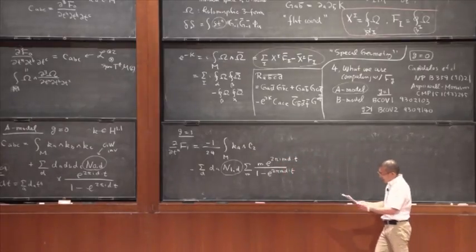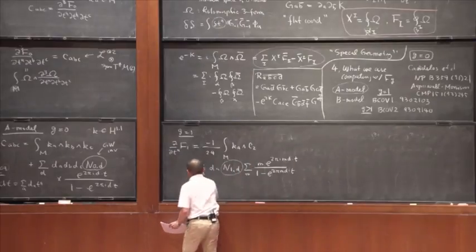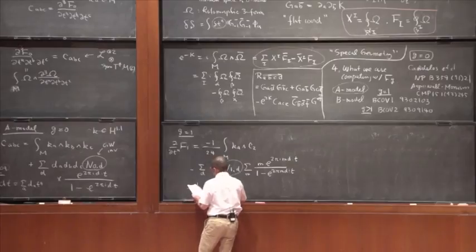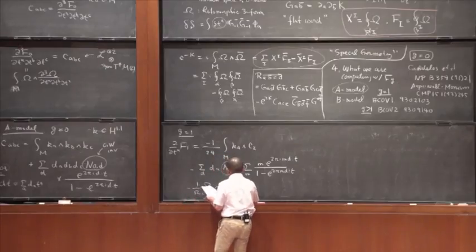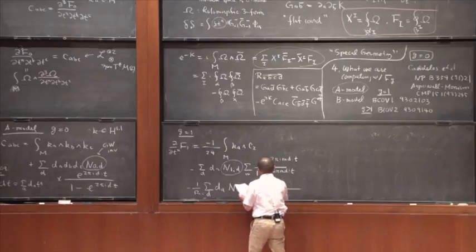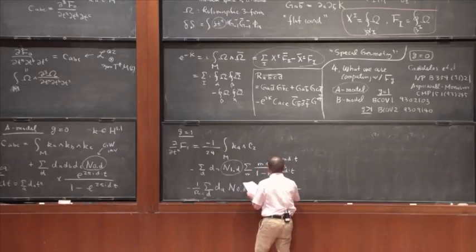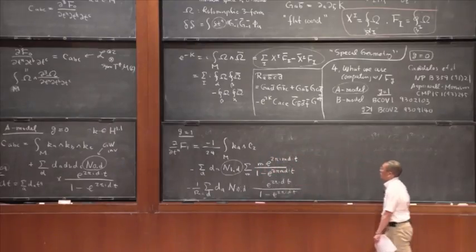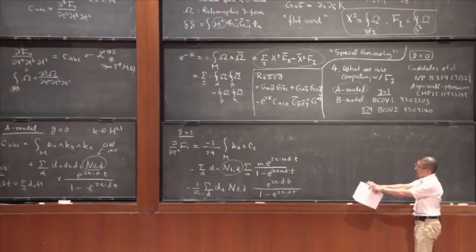The surprise was that there is an additional effect coming from a sum over genus 0 holomorphic maps. So this is a contribution from holomorphic maps from a genus 1 surface to the target space.